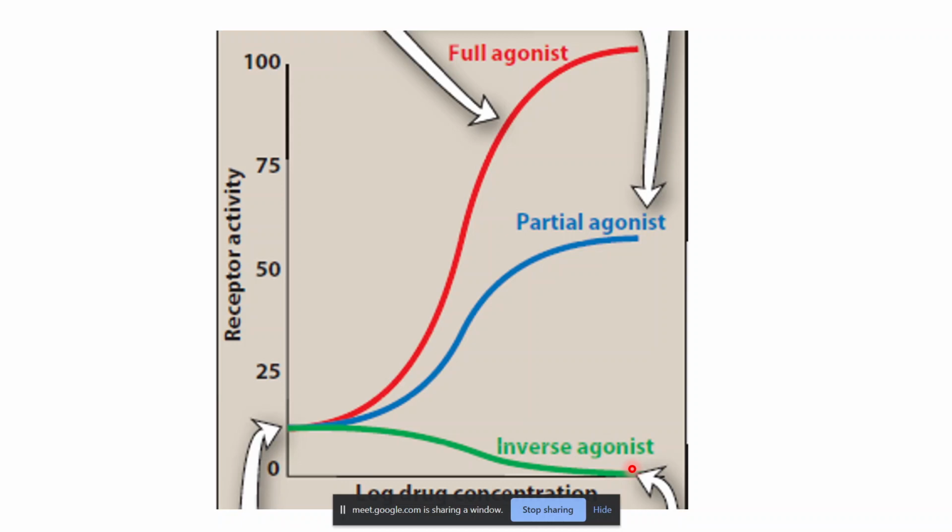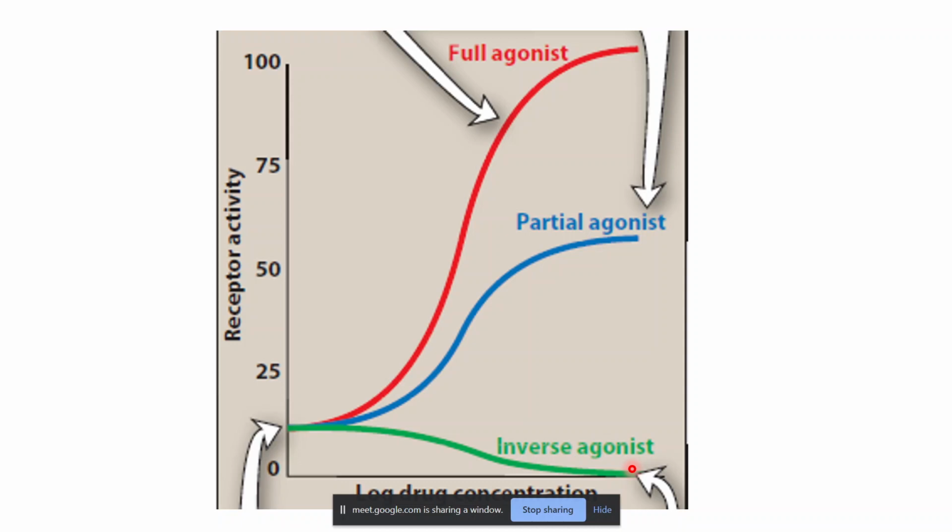But some receptors show a spontaneous conversion from non-active to active state in the absence of the agonist. Inverse agonists, unlike full agonists, stabilize the inactive form of the receptor, and that converts receptors to the inactive form, and this decreases the number of activated receptors to below that observed in the absence of drug.